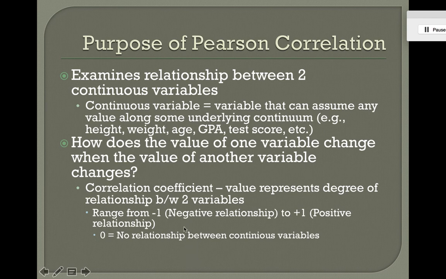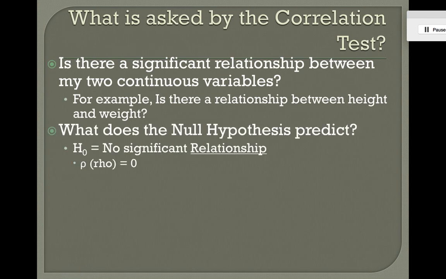So here now what I want to do is specify that rho would be equal to 0 since r should be equal to 0. Because my r value of 0 would indicate no relationship between my continuous variables. Now I'm just substituting my r for rho. Rho would then be equal to 0, which would indicate no significant relationship between my continuous variables.